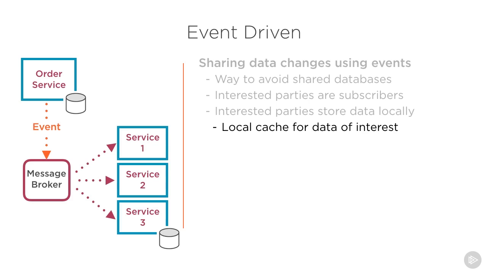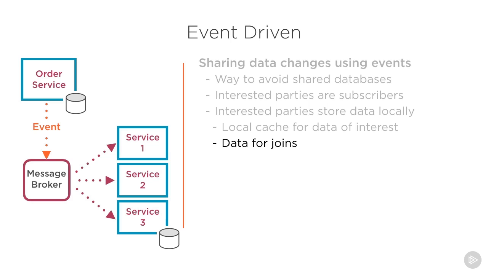So the subscribing service might store the data locally because for some reason it is of interest to that service. And for example, it might use that data for joins with its own core data in order to satisfy local queries which need to join to that piece of data in order to complete the information required for that service. So it becomes a mechanism to share data with other services.